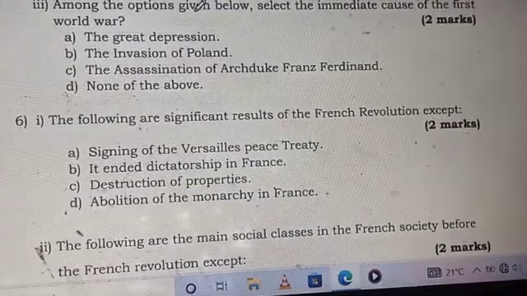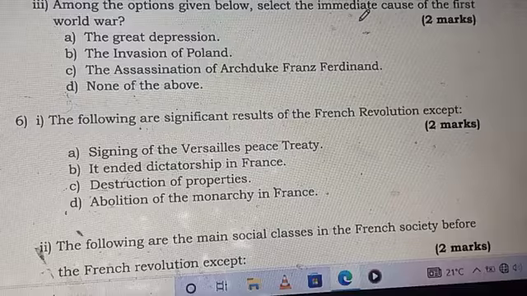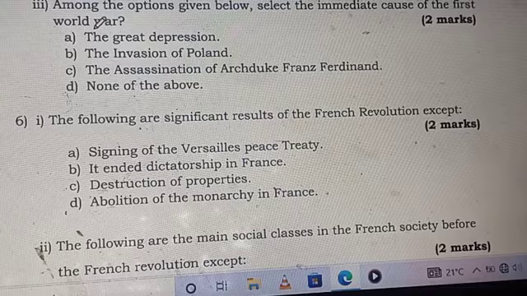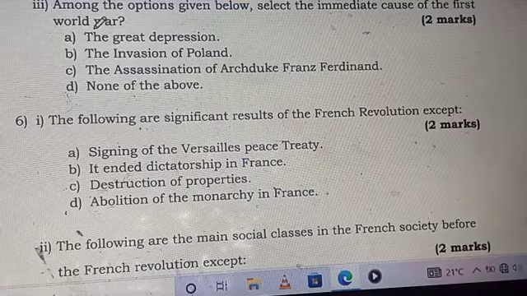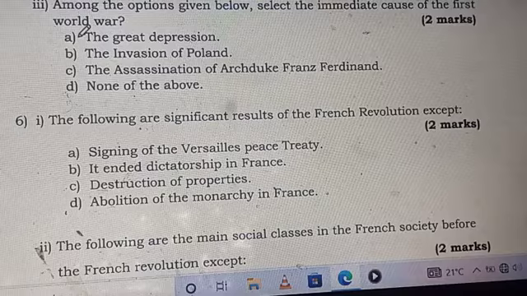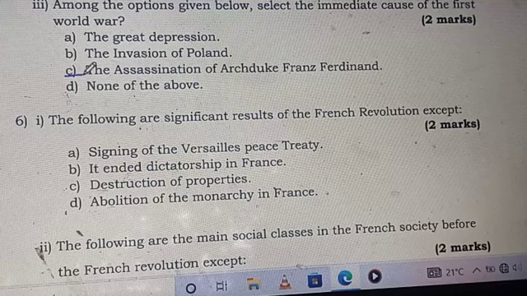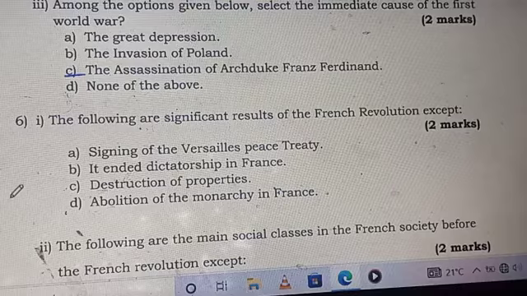I3. Among the options given below, select the immediate cause of the First World War. The best answer is letter C: the assassination of Archduke Franz Ferdinand.